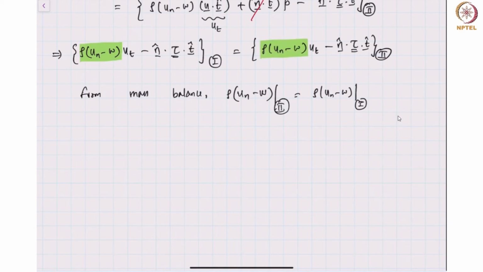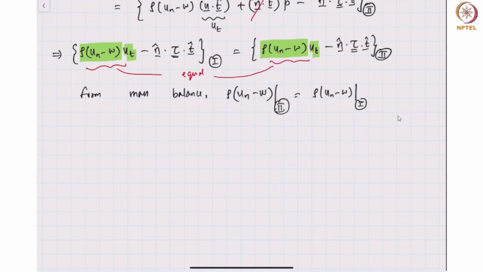Further, we have also shown that these tangential components are the same across the interface because of the no slip condition. So this entire term here, this term and this term, are identical, equal across the interface.